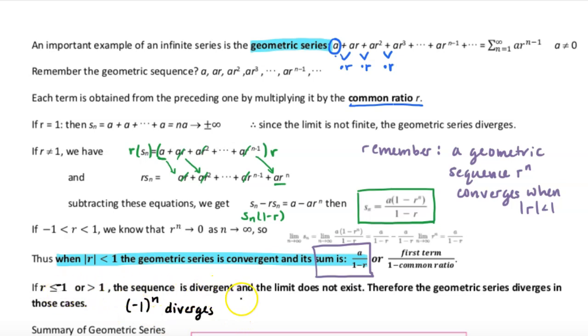And so if this is not true, then the sequence is divergent and the limit does not exist. Therefore, the geometric series diverges in those cases. So r must be between -1 and +1, or the absolute value of r must be less than 1, for the geometric series to converge and converge to this sum.